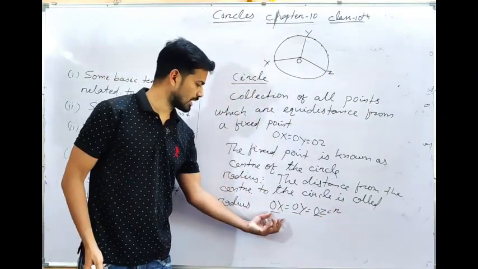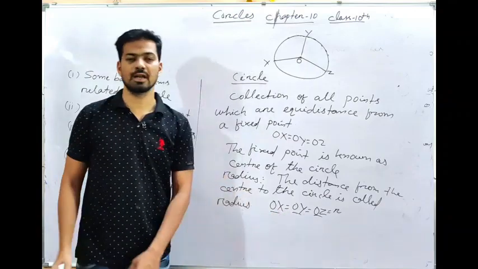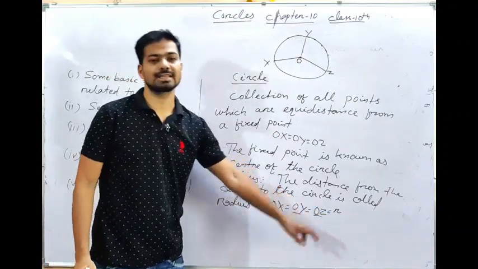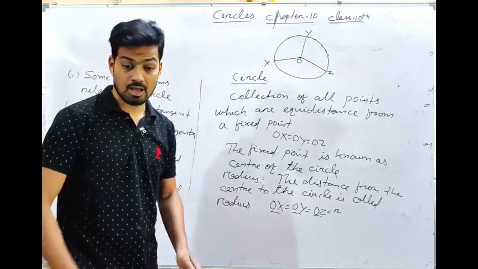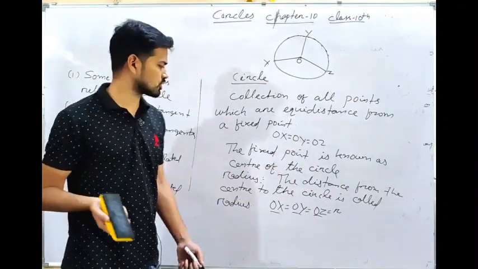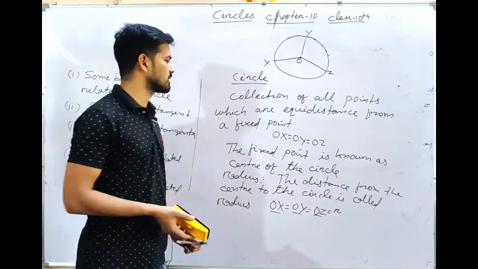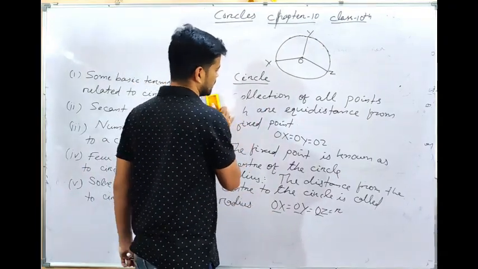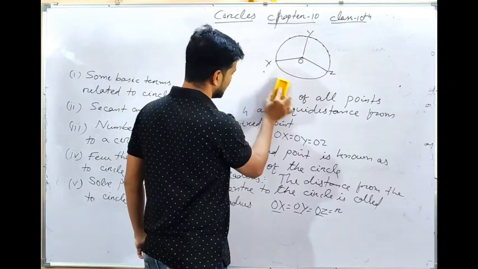The length of OX, OY, and OZ are equal, and it is denoted as R. Radius is denoted by small r, and in some cases we also denote it as the capital R. Okay. So this is the definition.